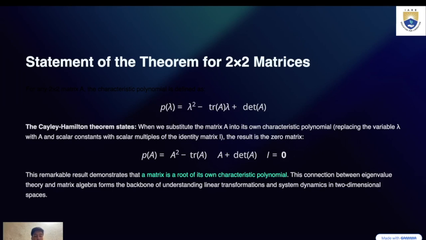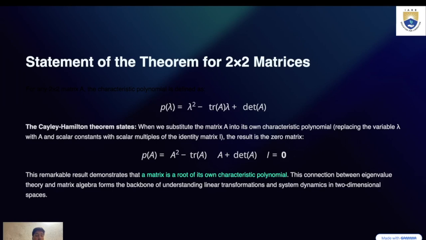Every square matrix satisfies its own characteristic equation. We can say it in simpler words: if you find the characteristic equation of a matrix and replace the variable with the matrix itself, the result is the zero matrix. We will get to an example later.